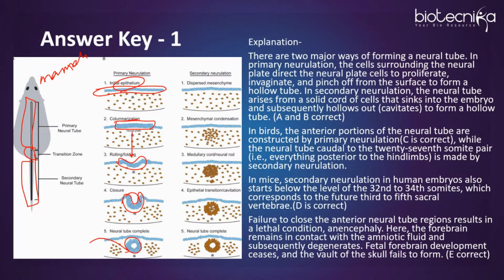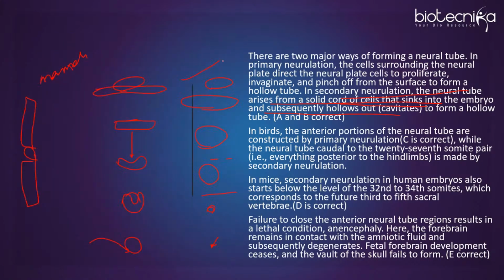But in the secondary neural tube, the neural tube arises from a solid cord of cells that sinks into the embryo and subsequently hollows out. They are an aggregation of dispersed mesenchymal cells, forming a cord or neural rod, and then cavitation occurs inside, because of which a cavity develops. Thus, it forms a tube-like structure. So A and B both are correct.